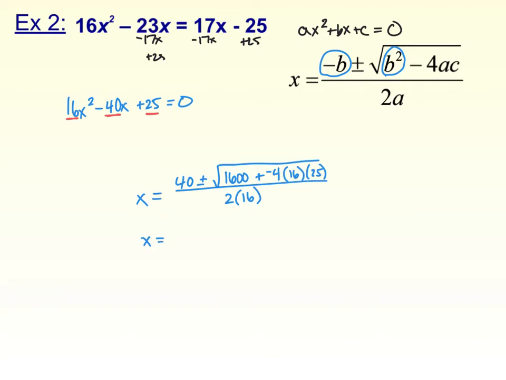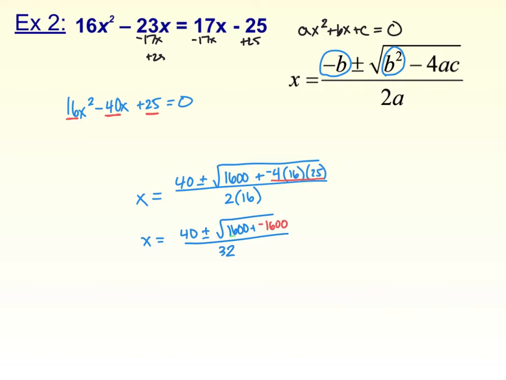So then x is equal to 40 plus or minus the square root of 1600 plus, if I did these values here, negative 4 by 16 by 25 would be negative 1600. And then all over 32.